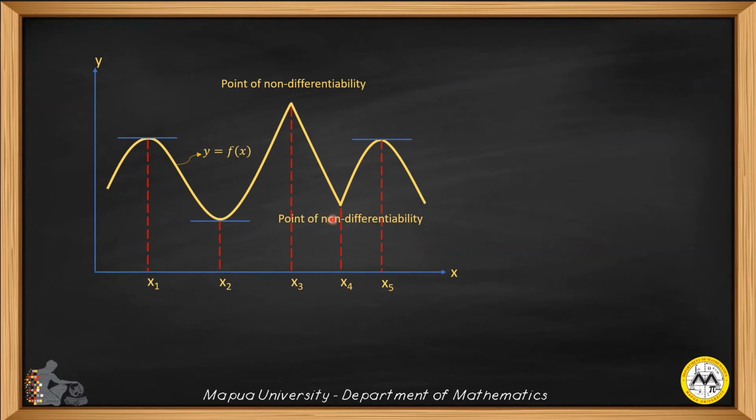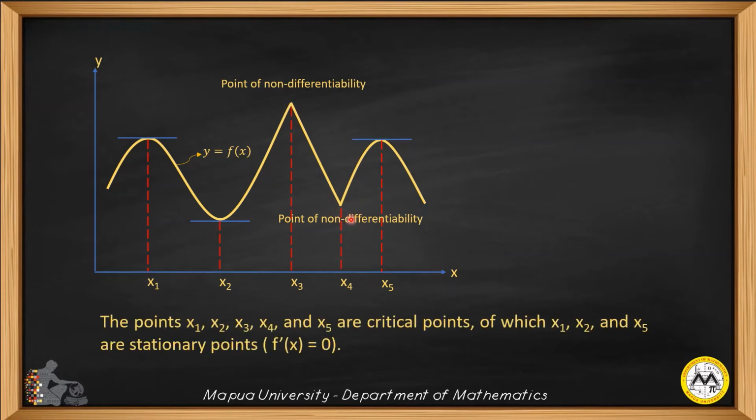But take note also that the tangent line at points defined at x sub 3 and at x sub 4 cannot be drawn or is not defined. So if the tangent line to the curve cannot be drawn at points, then we say these points are points of non-differentiability of the function, but can be maximum or minimum.